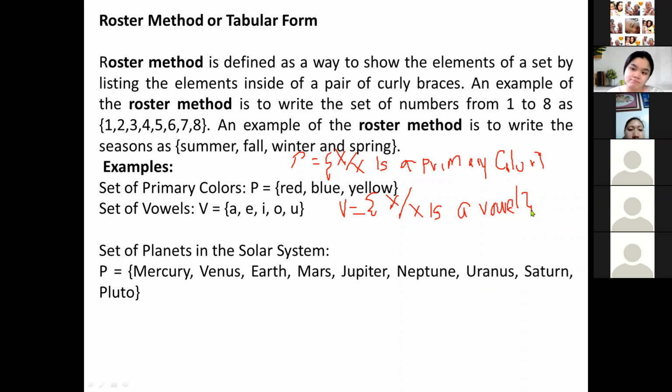Wag na wag mong ilalagay na planet lang. Kapag nilagay mo na X such that X is a planet, baka mamali ka kasi ang daming planet, hindi lang sa solar system. Maraming system na meron ang ating universe. Hindi ba kamakailan lang nabalitaan natin sa balita na may kakambal ang Earth, but hindi siya belong sa solar system. Okay? Hindi siya belong sa solar system.